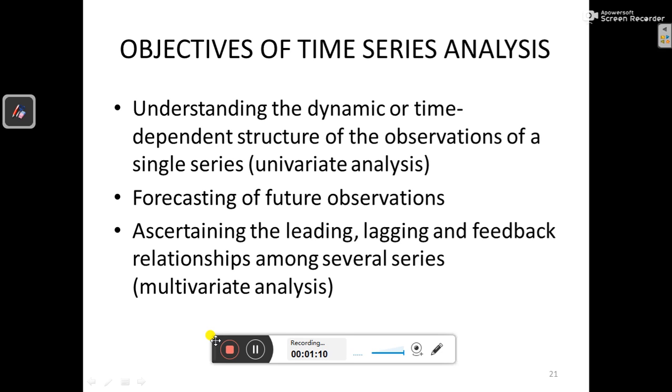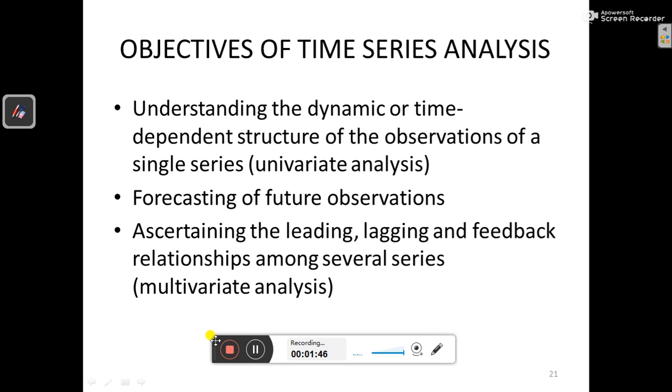The third one is ascertaining the leading, lagging and feedback relationship among several series. Here, if there is more than one time dependent variable in a series and they are related, then one variable might be leading and another might be lagging.